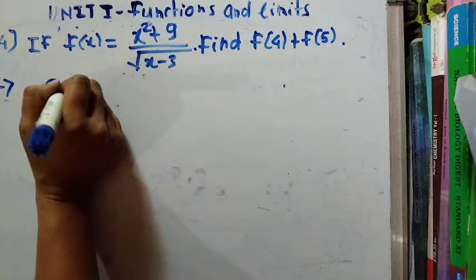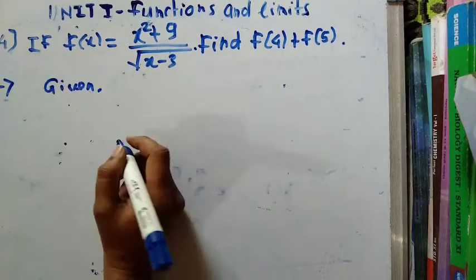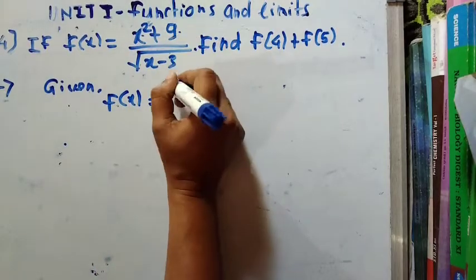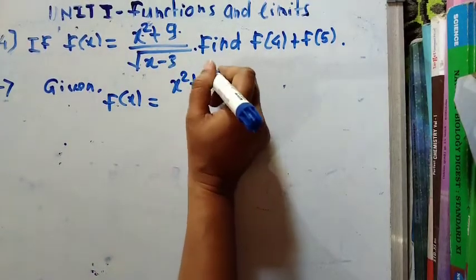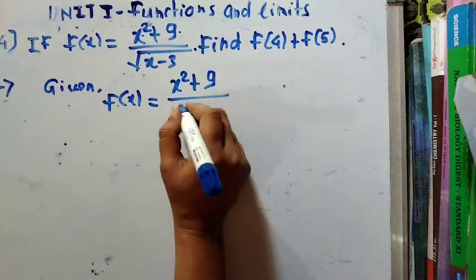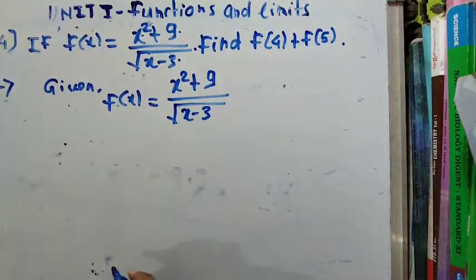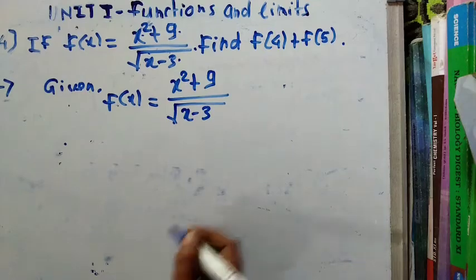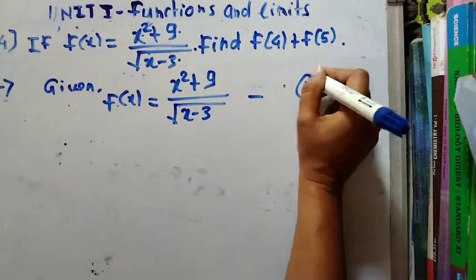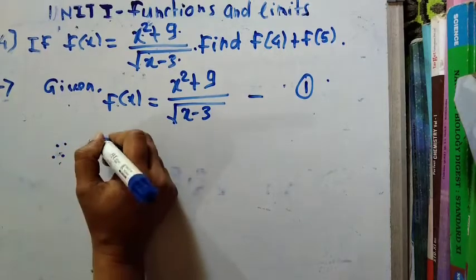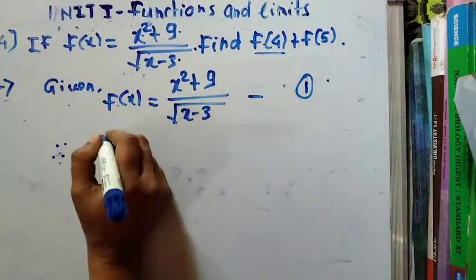So first, given that f of x is equal to x square plus 9 divided by square root of x minus 3. This is the first equation. Then here first find out f of 4.